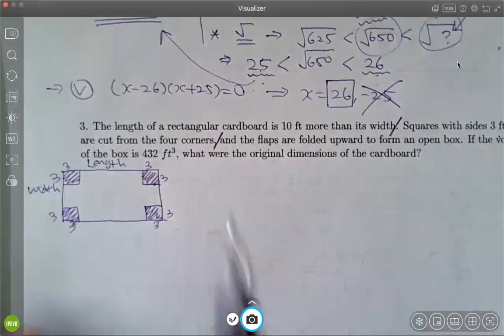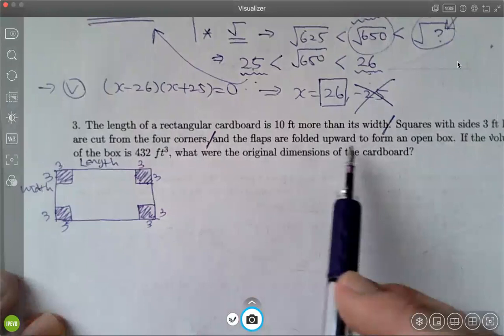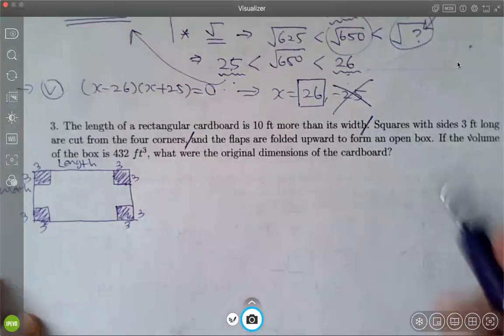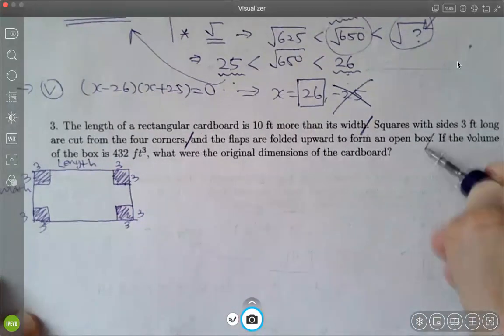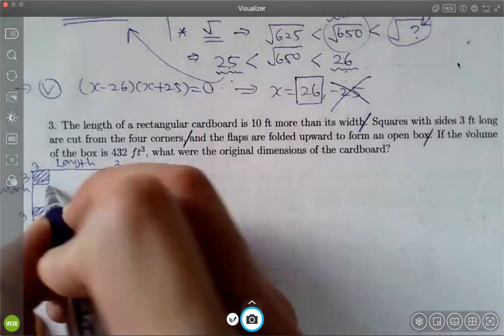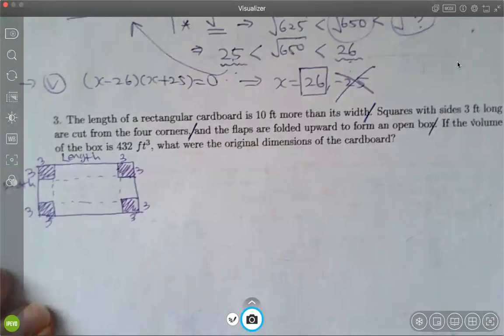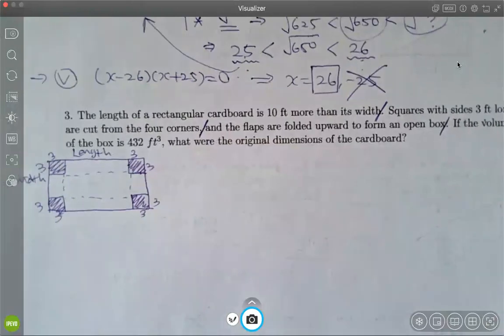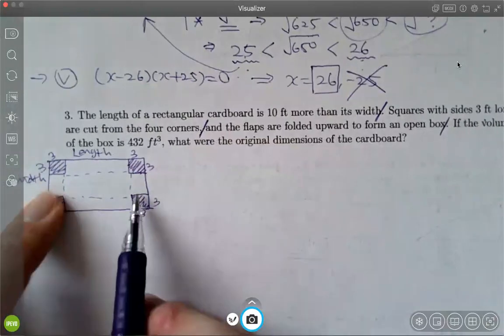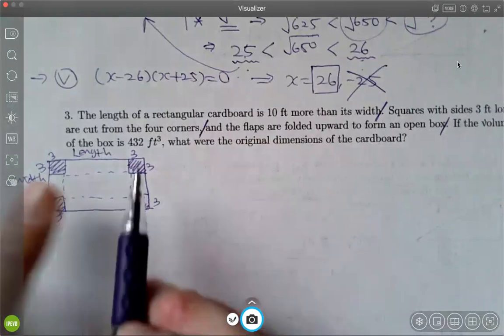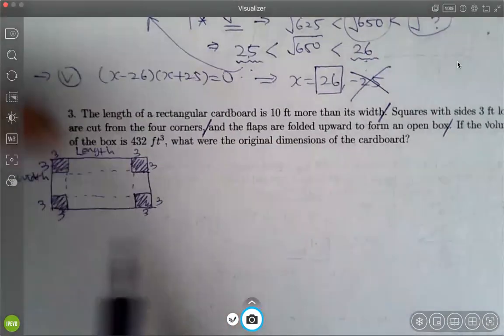And the flaps are folded upward to form an open box. Pause here. What does that mean? Here are the folding lines, right? What you have to do is these 2 have to go up like this, and these 2 have to go like this, right?